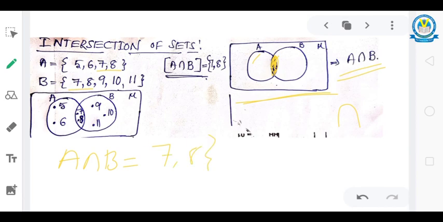This is the answer. The Venn diagram representation is here. If set A has 7, 8 and set B also has 7, 8, then the common elements of both sets are equal to the intersection of the sets.